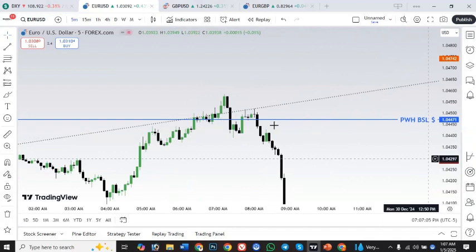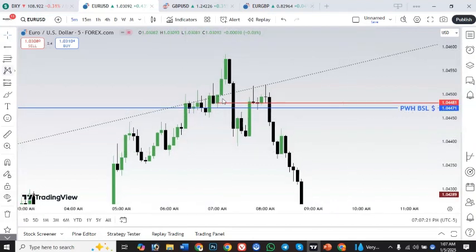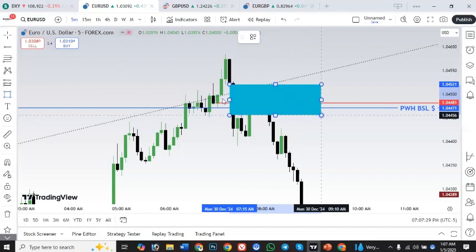Look, this is a 5 minutes order block. This is from here like this. It's a fair value gap.